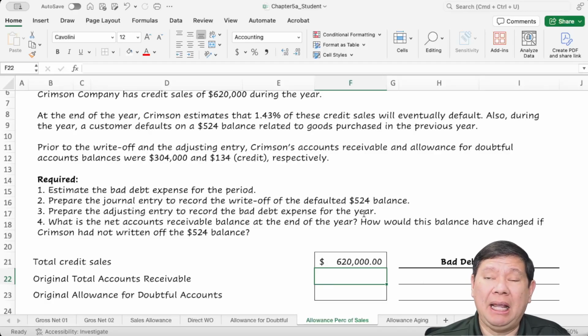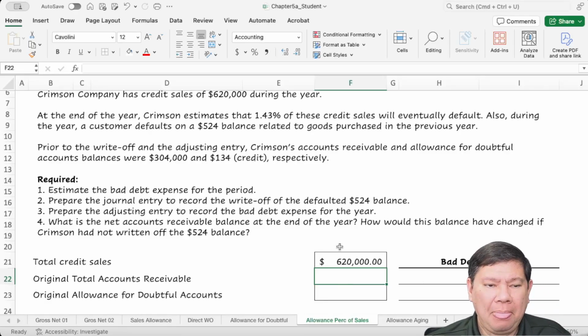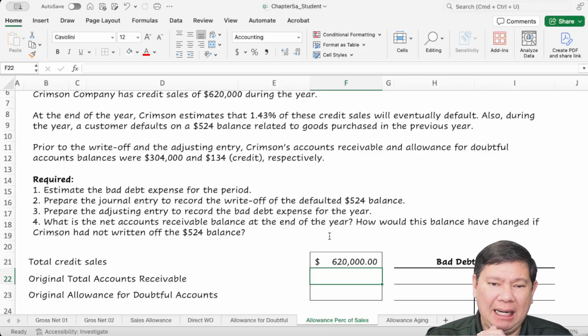default. We won't be able to collect 1.43%. During the year, a customer defaults on a $524 balance related to goods purchased in the previous year.